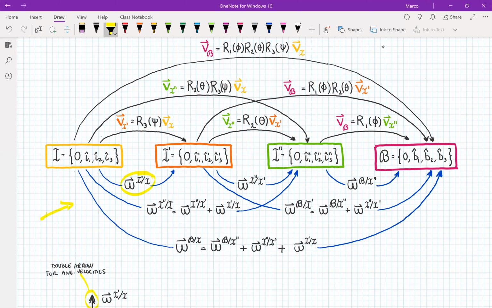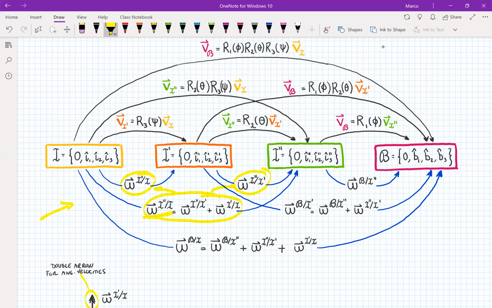And then this is the angular velocity of I double prime with respect to I prime. So if we wanted to go directly from I to I double prime, then we would have to consider the omega from I double prime to I, which is the sum of the two angular velocities that we just saw.